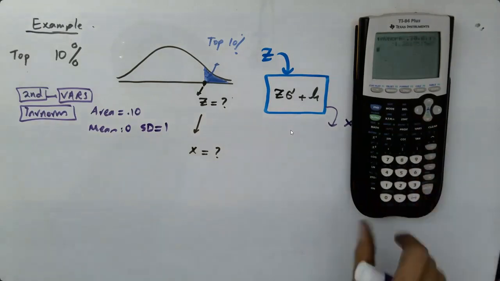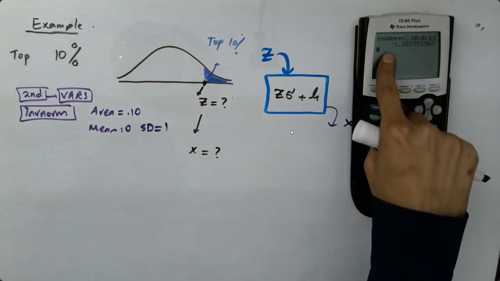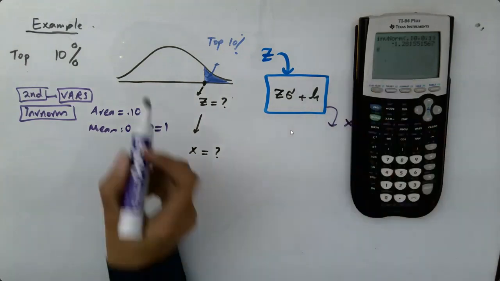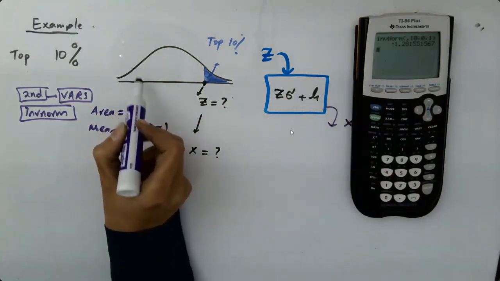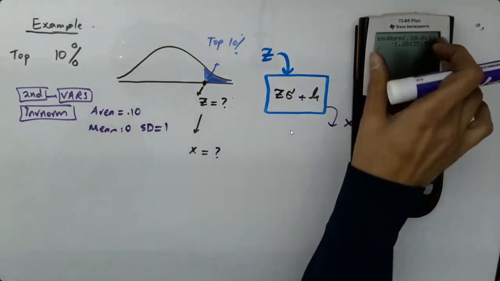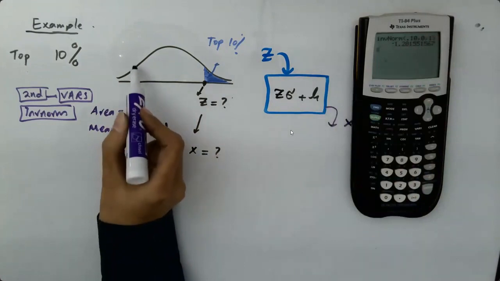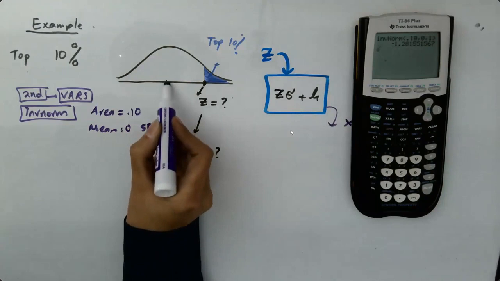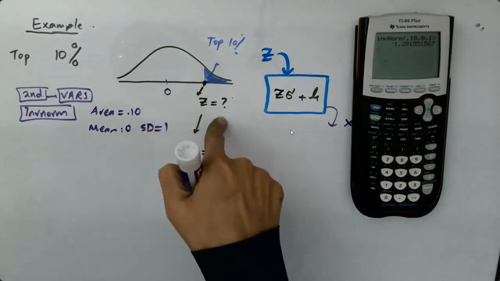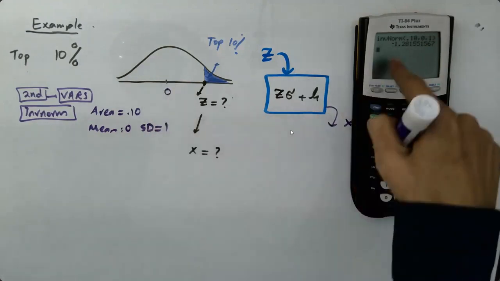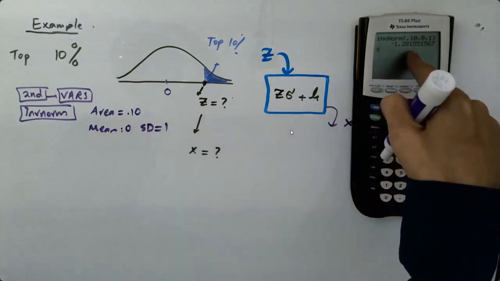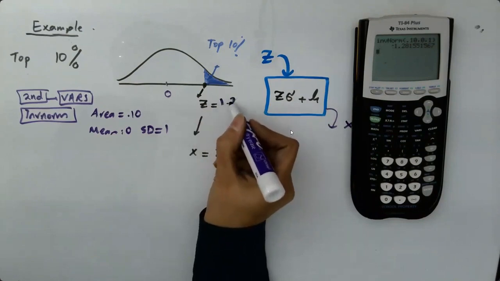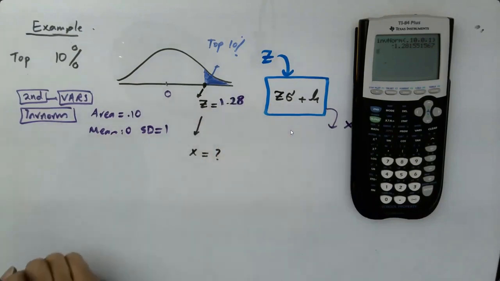Let's do the paste. The number that is written here is negative because it gives you the Z value on the left-hand side. The calculator computes the area to the left. So since mean is 0, the Z, which is mirror image of negative 1.28, is going to be positive 1.28.